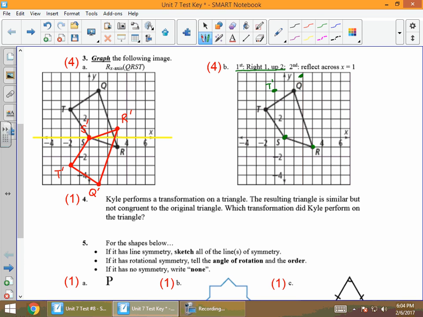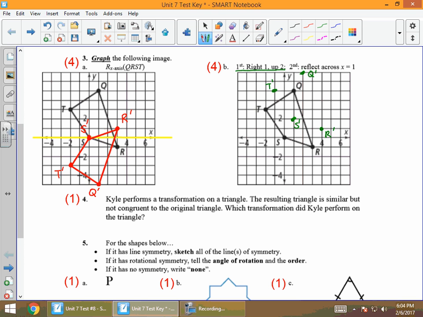Right 1, up 2. Right 1, up 2. And right 1, up 2. So I move everything right 1, up 2.